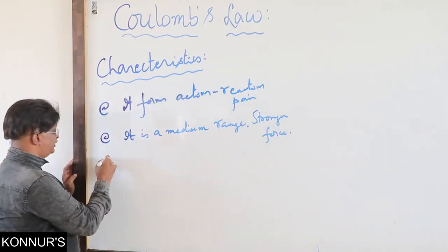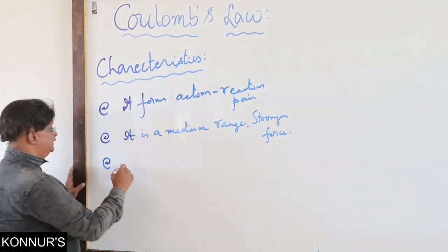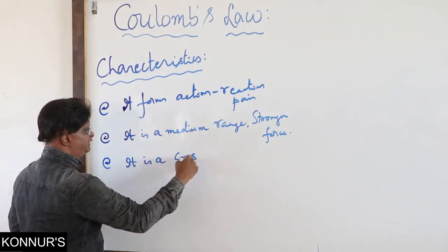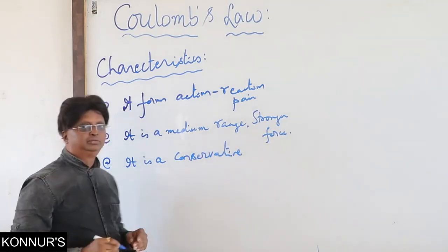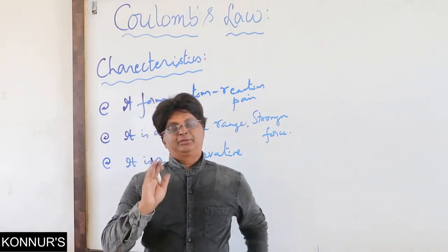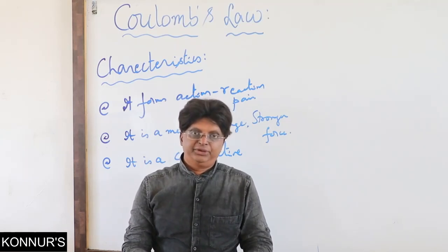Now here comes one more very important point. It is a conservative force. All these are not new parameters or statements. About the force, the conservative nature and non-conservative nature we have studied in our first PU.